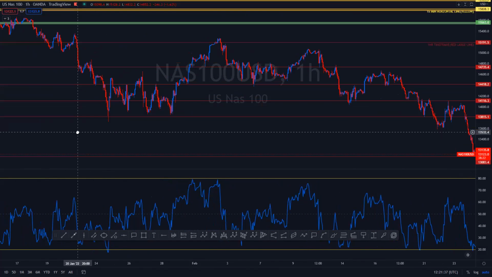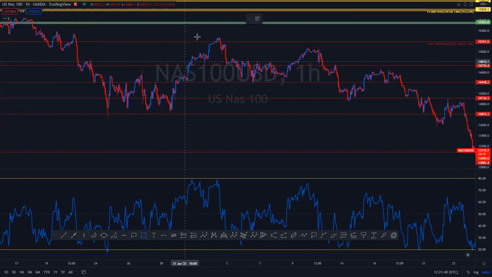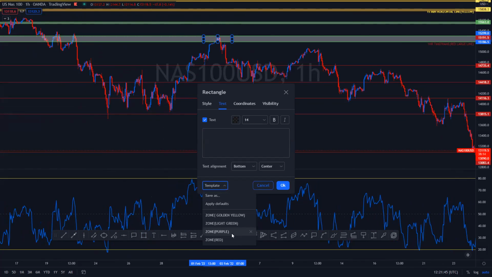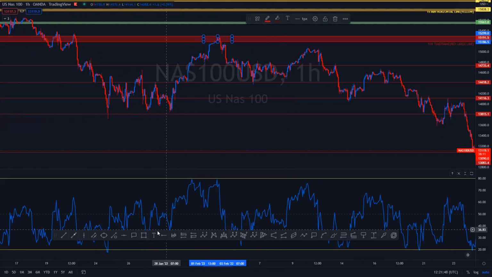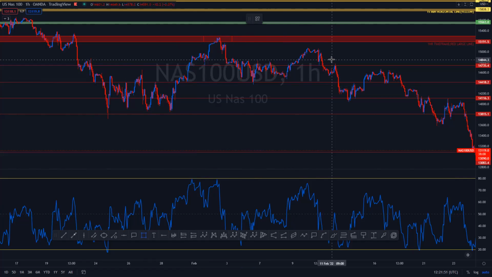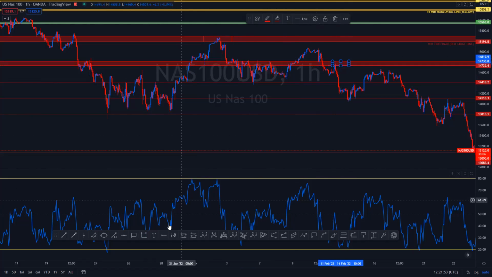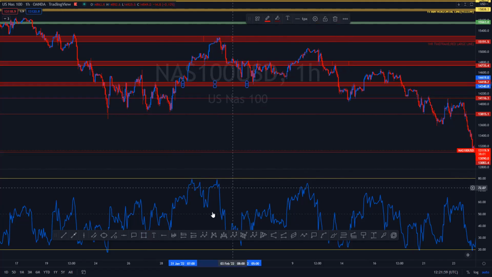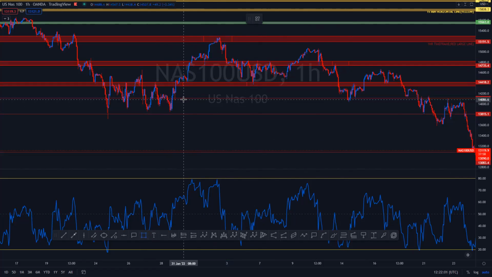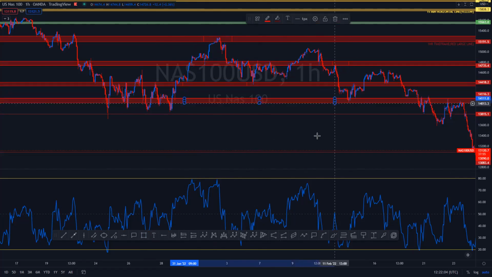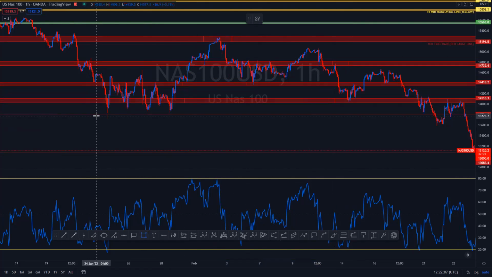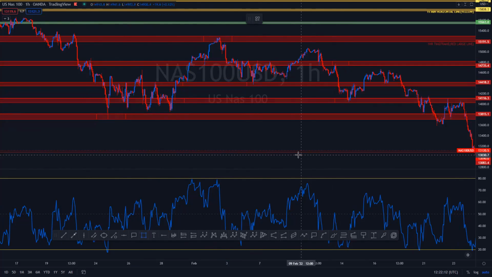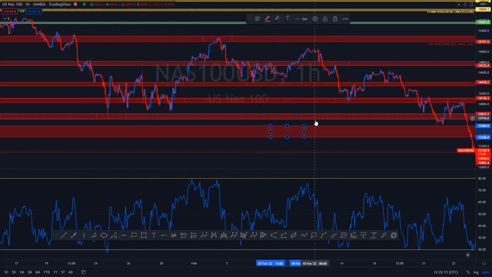So now what I'm going to do is draw the zones off these lines here, just marking up these zones under these horizontal lines that I created.